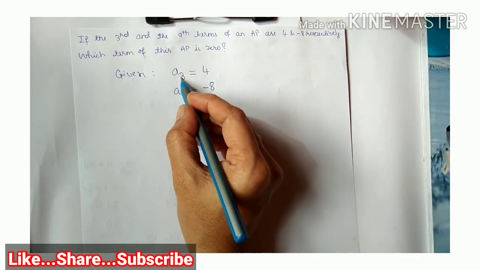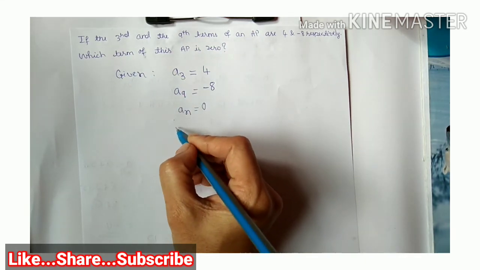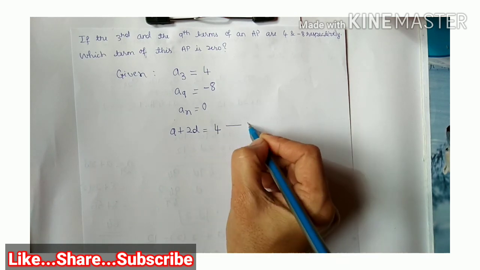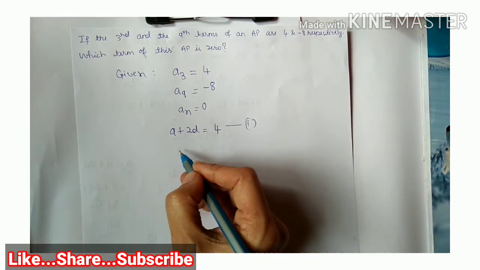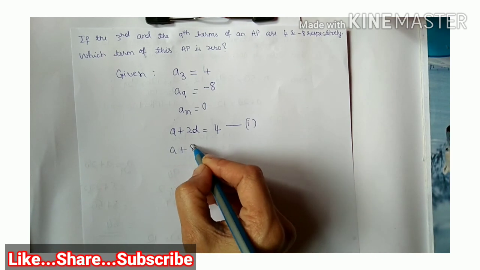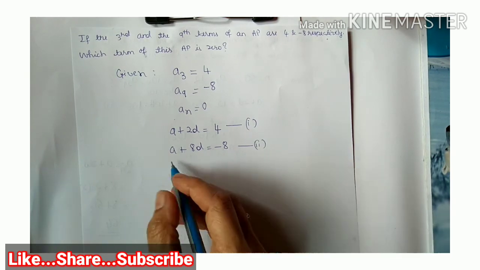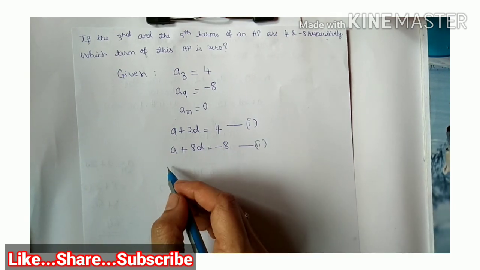Let us solve first. a3: a plus 2d is equal to 4, equation 1. a plus 8d is equal to minus 8, equation 2. Let us solve the pair of linear equations.